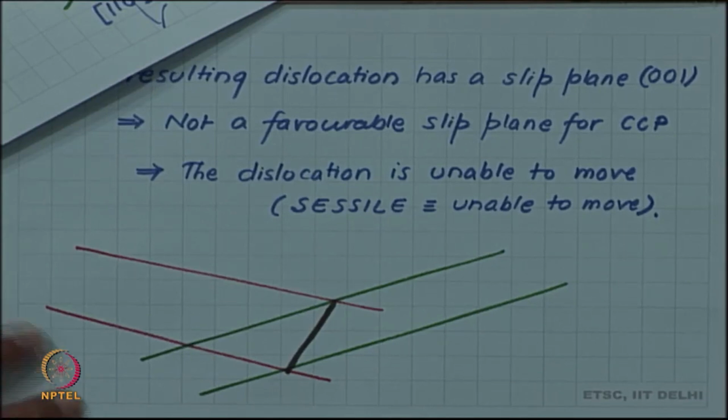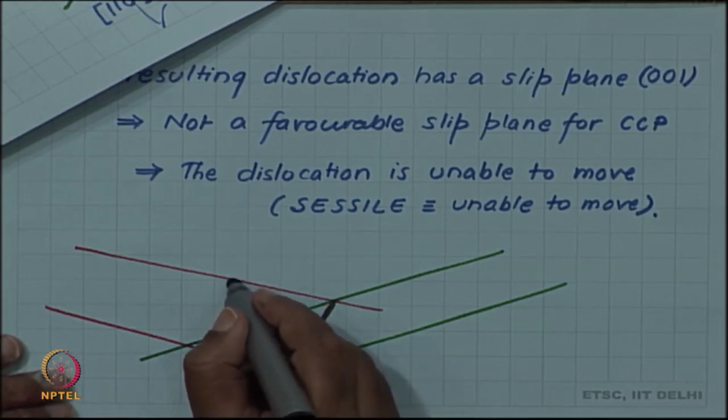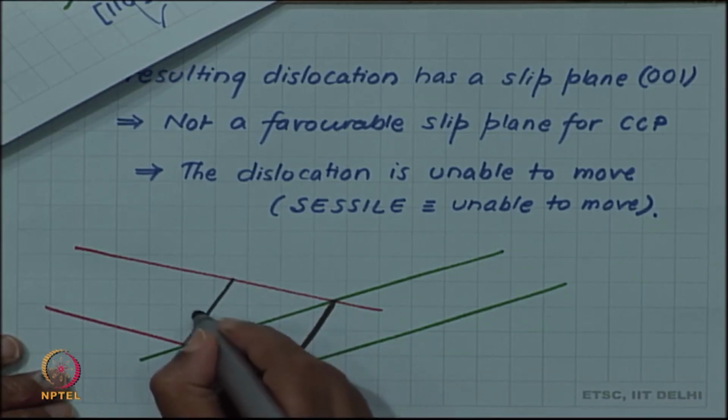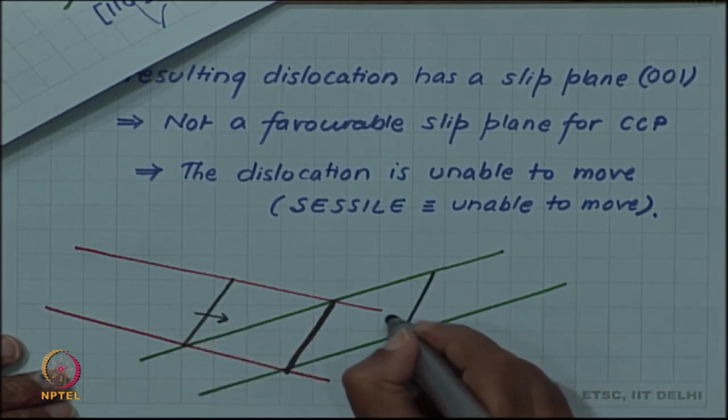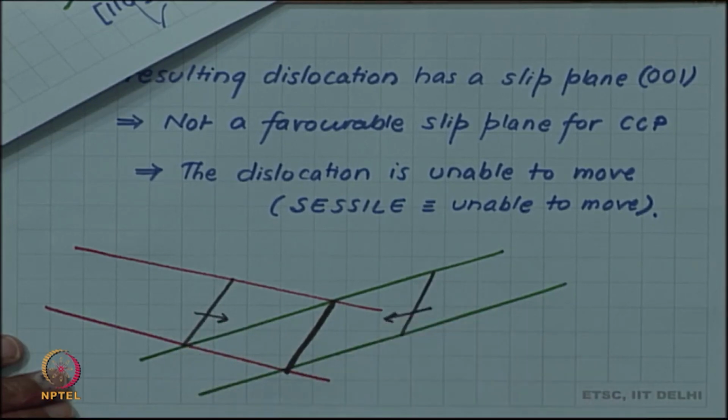It is a breakdown which has created now a traffic jam. Why so? Because now the new dislocations, other dislocations which will be moving in this direction, will be repelled by this sessile dislocation.